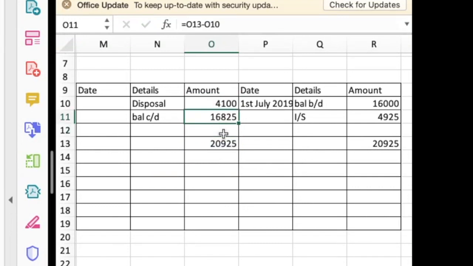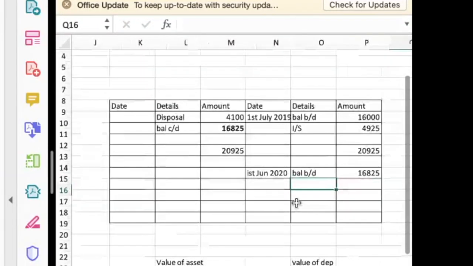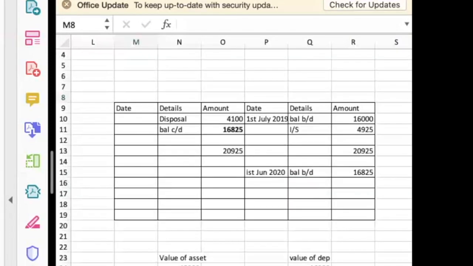This is the current value of the depreciation, and we'll bring it down here on 1st Jan 2020. Balance brought down is 16,825. So this is how we have to do this account, which was provision for depreciation. So this account will be exactly the same that we have to do.